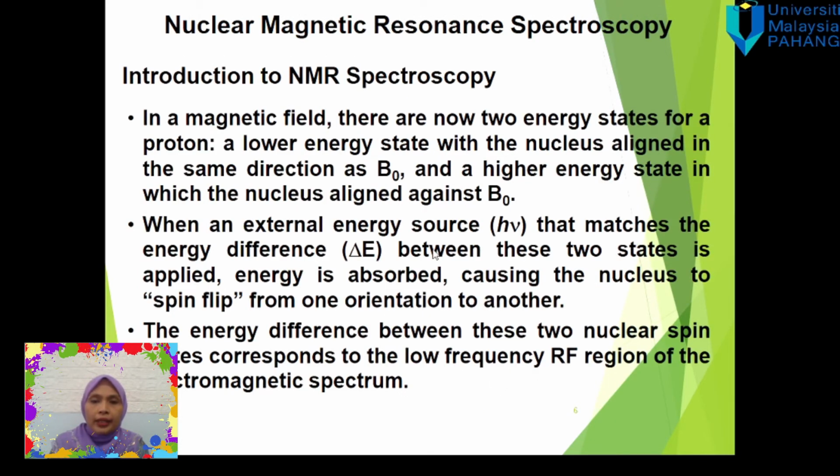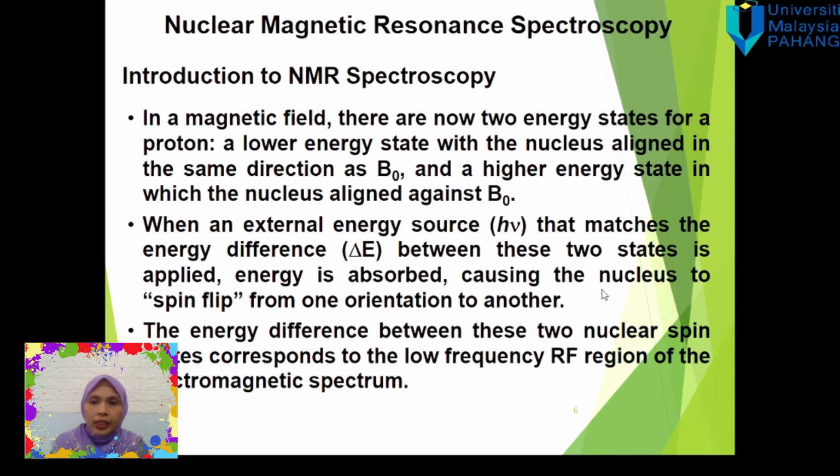How do we get the spin flip from this energy difference? The nucleus has to absorb energy from the radio frequency. When delta E is equal to hv, these two energies match, so the energy is absorbed, causing the nucleus to spin flip.